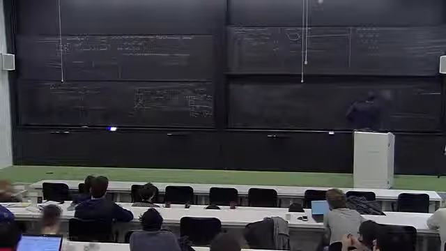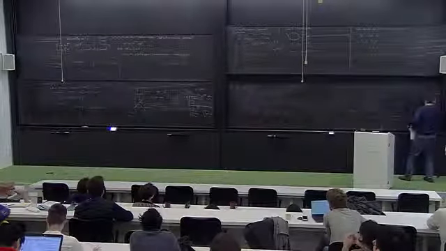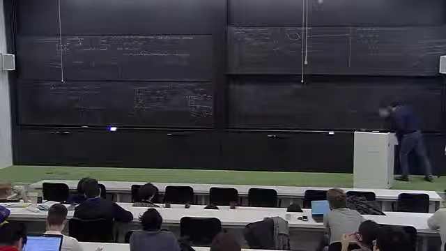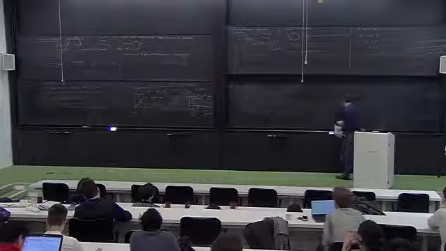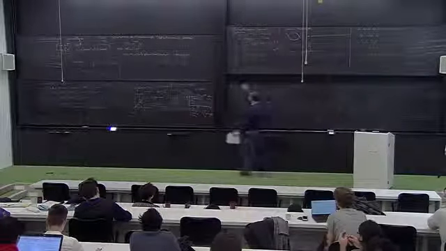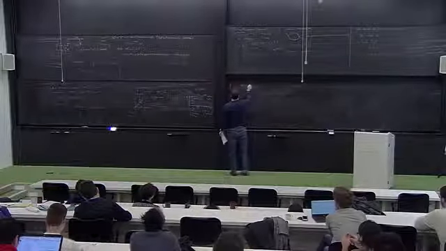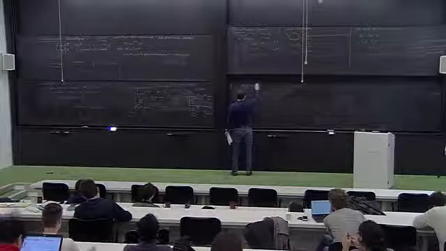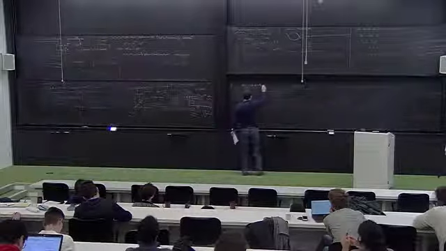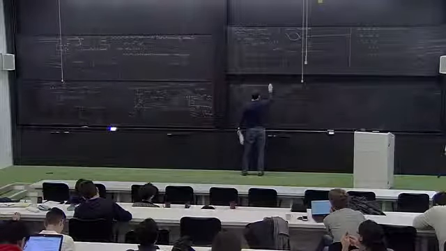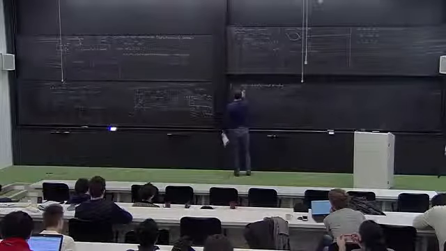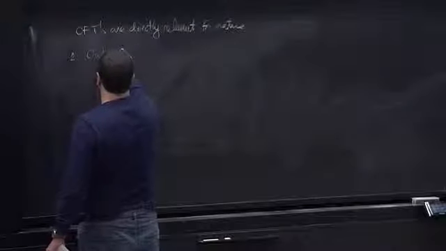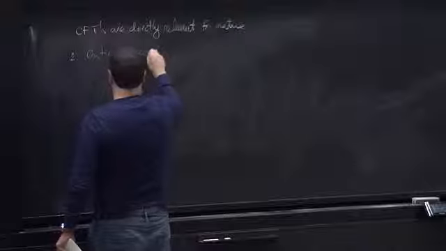They describe the critical behavior in statistical mechanics near a second or higher order phase transition. So CFTs are directly relevant for nature. So there are 2 basic things. So one is critical phenomena in statistical mechanics.